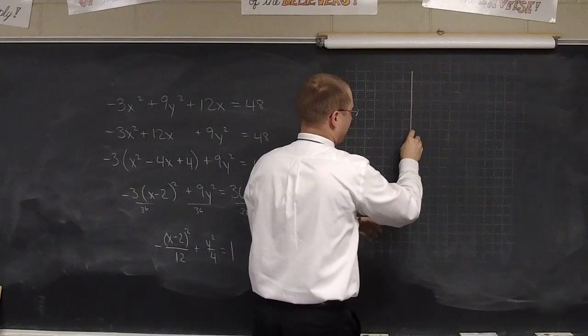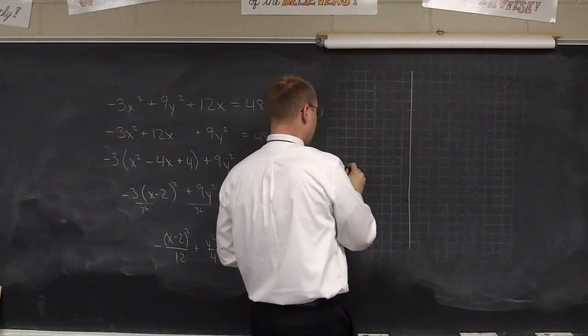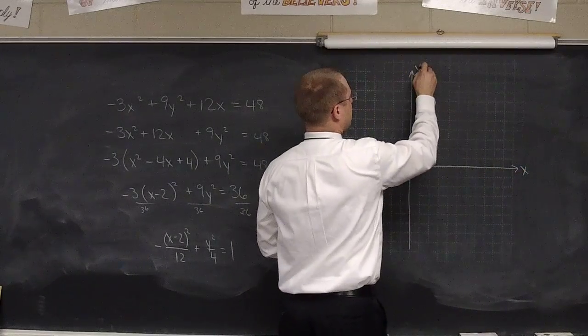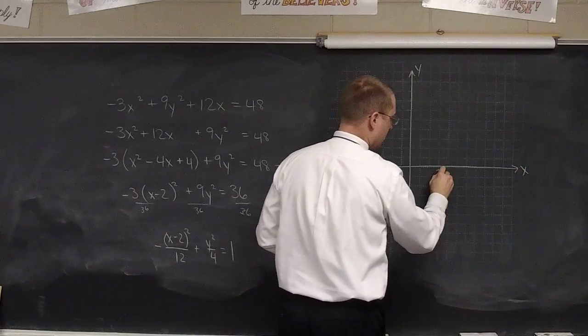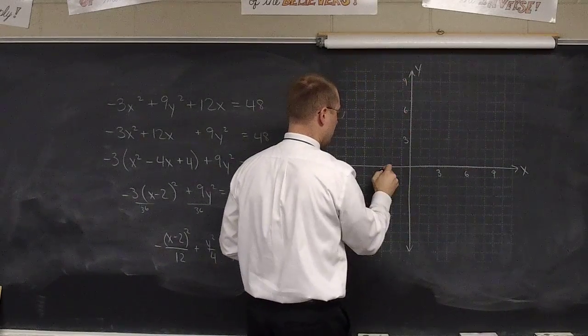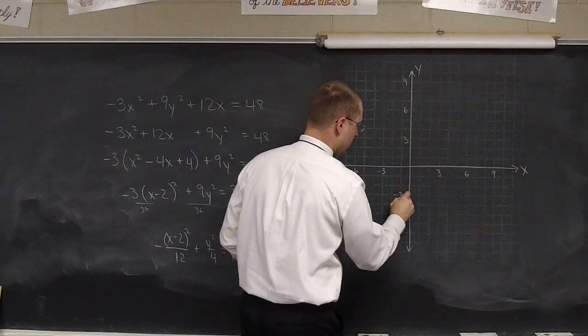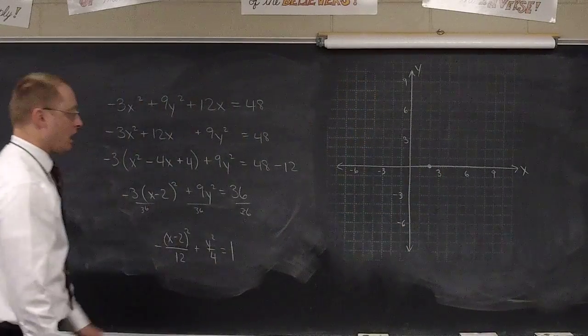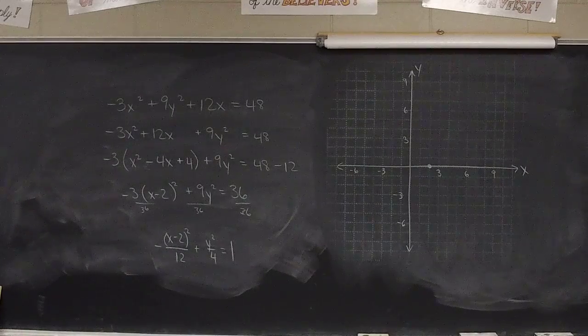We'll set the y-axis back just a little bit, not a lot. Let's give me a little extra room here. All right, so 2, 0. The transverse axis is y.